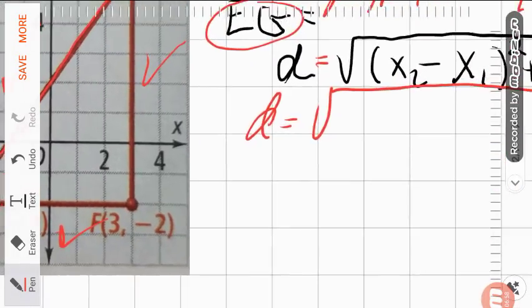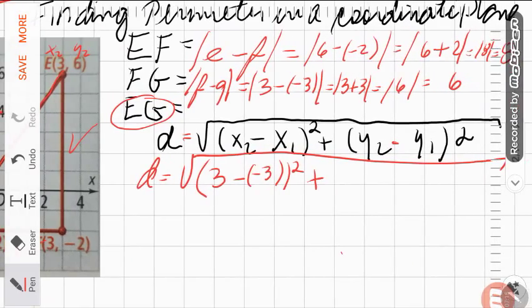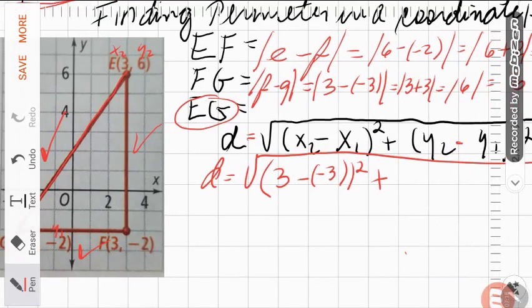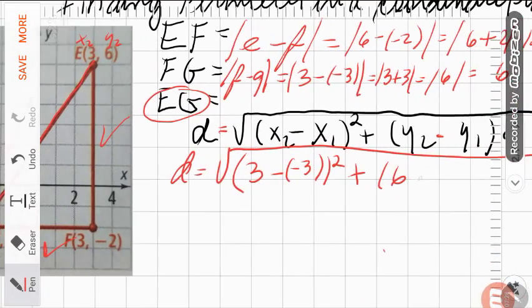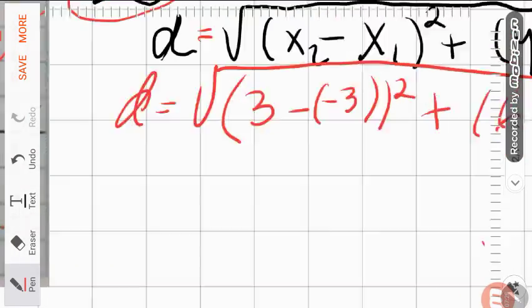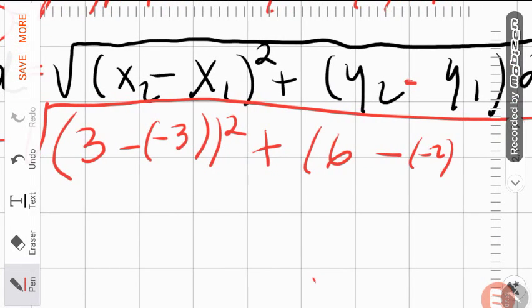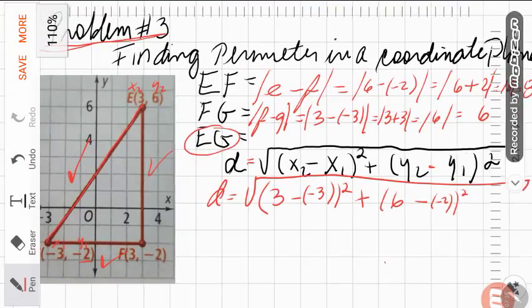Okay, so now for our formula, x2 will be 3 minus x1, which is minus 3. We raise this to the power of 2, plus y2, which in this case is 6, as we can see here, minus y1, which in this case is minus 2 right here. We put that in a parenthesis, we close the parenthesis, and then all this is squared, and then we obtain the square root.